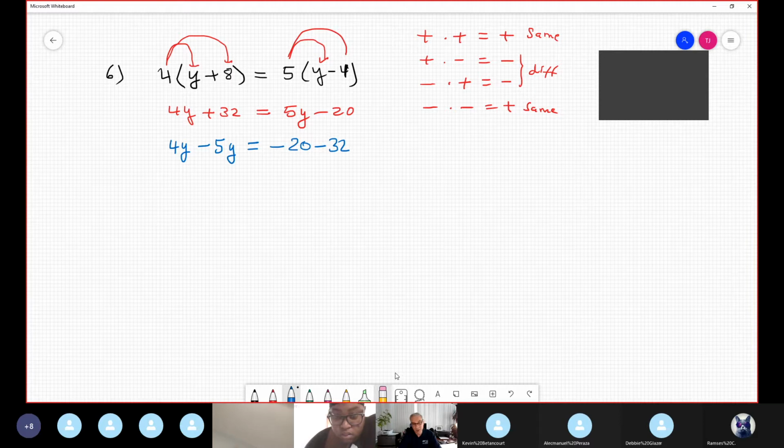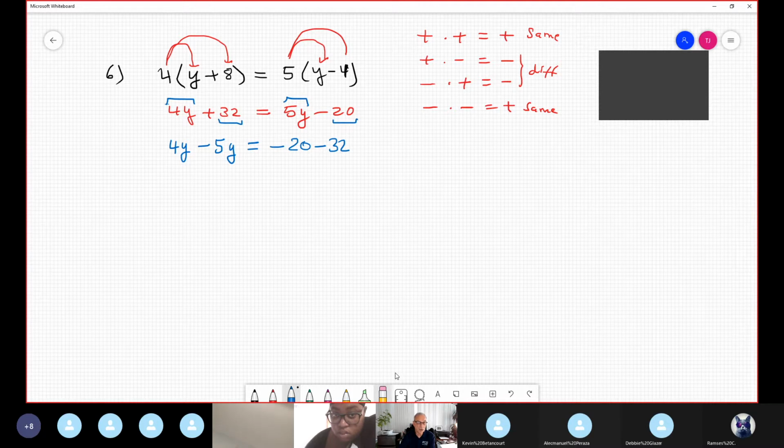You can do it any way, but this is the mechanism I created, doing it systematically: I move everything that contains the variable, this guy and this guy, to the left, and the others that do not contain the variable to the right.